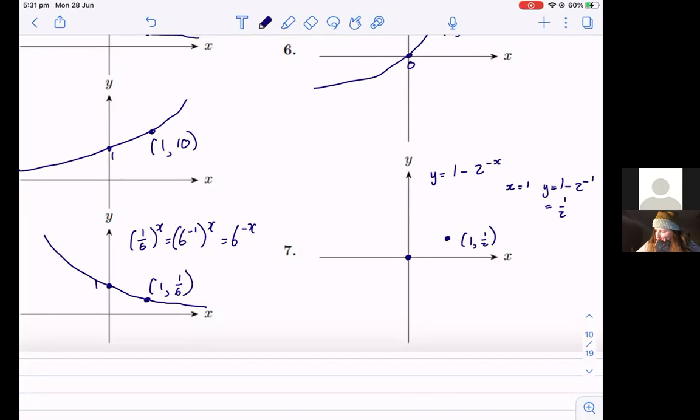When x is negative 1, we're going to have... it's going to kind of look like that, but better.